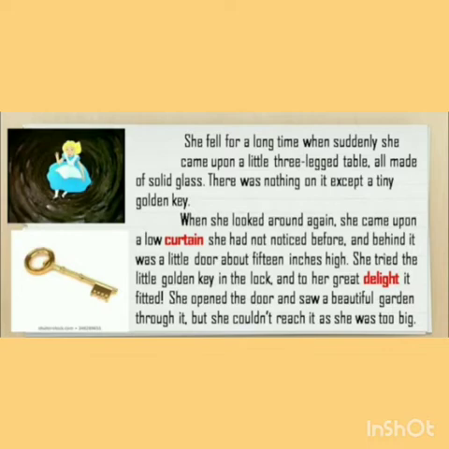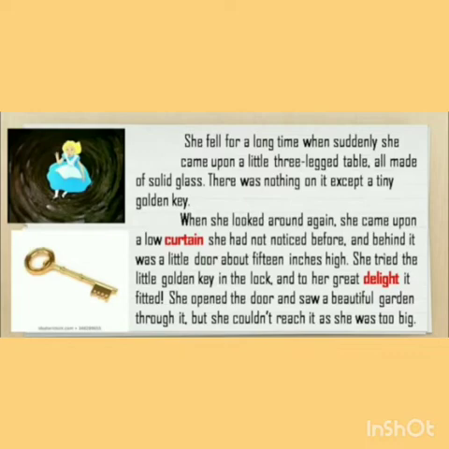She was looking here and there and could see the curtains. Curtains means screen. She didn't notice it before. And the door was too little. How many inches? 15 inches. But this girl is too big. The door was too small.